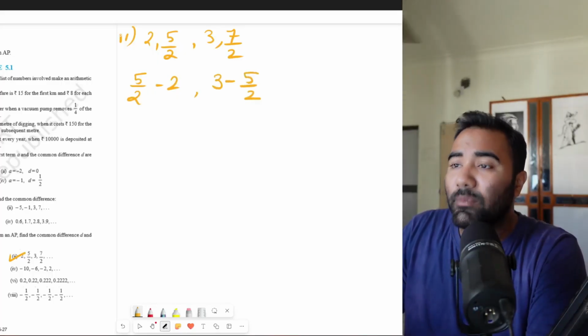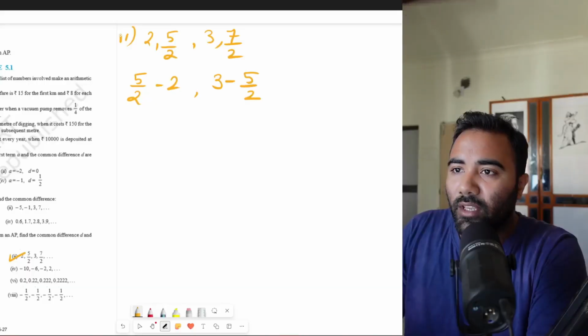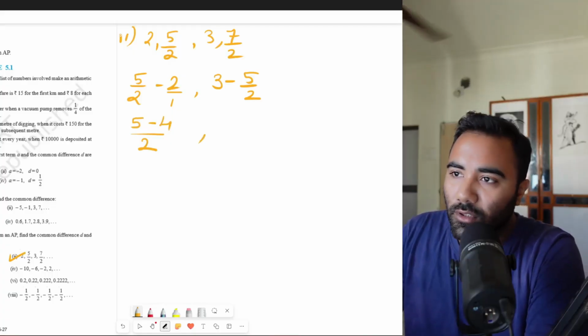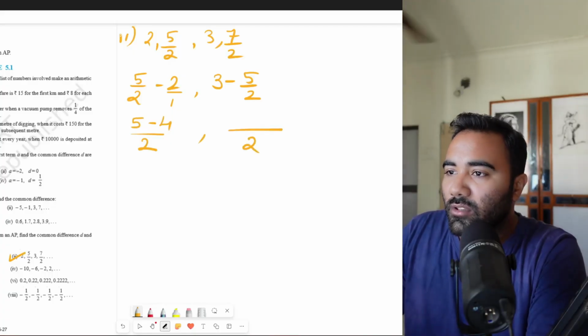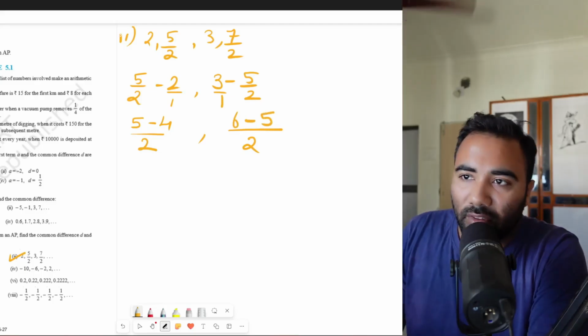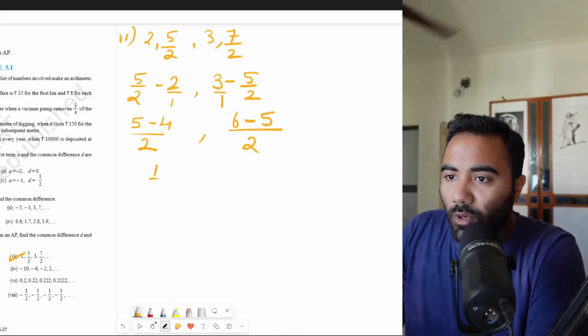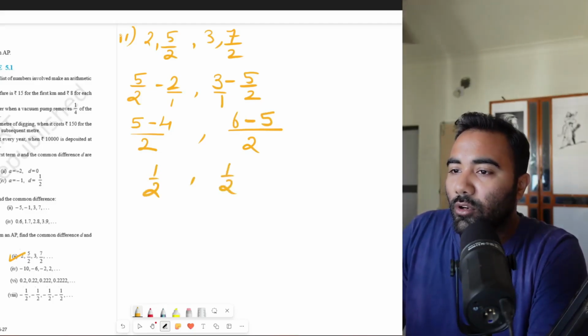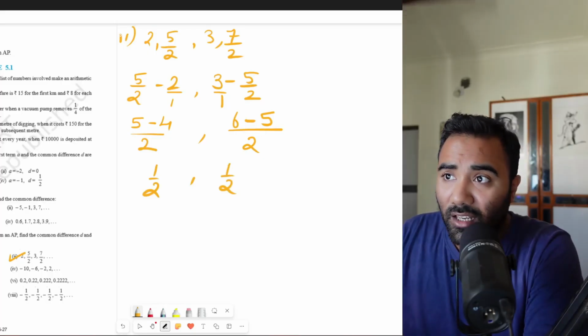Is this an AP in the first place? Let's see. Now this is 1. So you take an LCM. 2 2s are 4. Again you take an LCM. This is 2. This is 1. 6 minus 5. 5 minus 4 is 1/2. This is again 1/2. So yes, this one is clearly an AP.